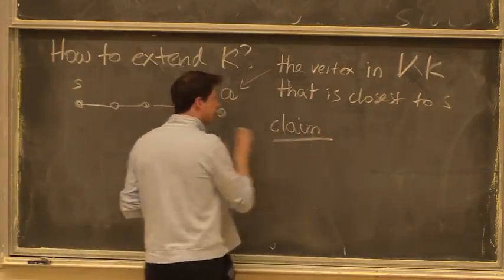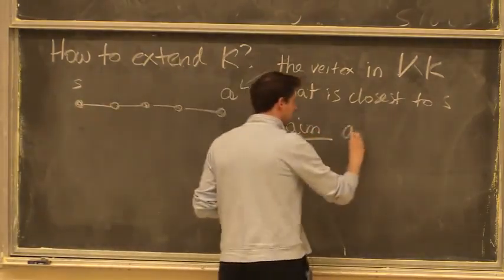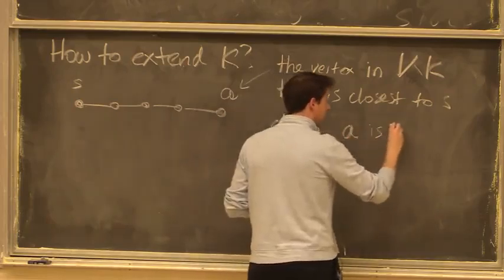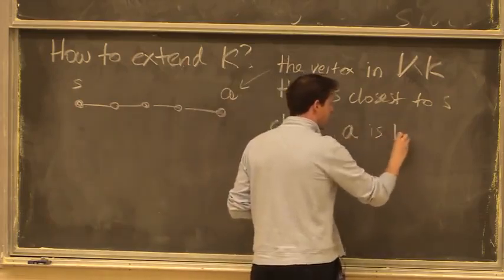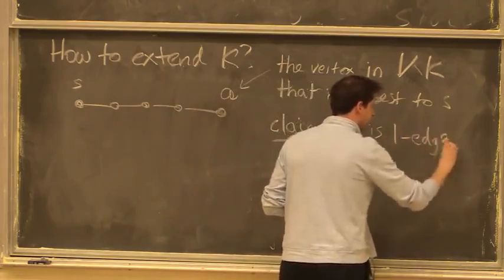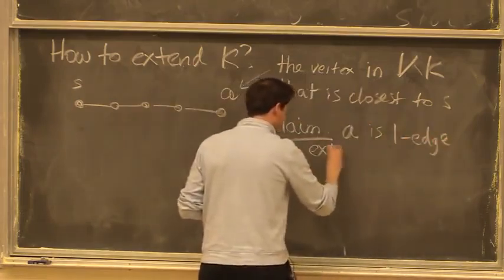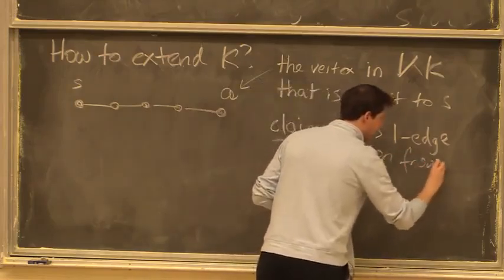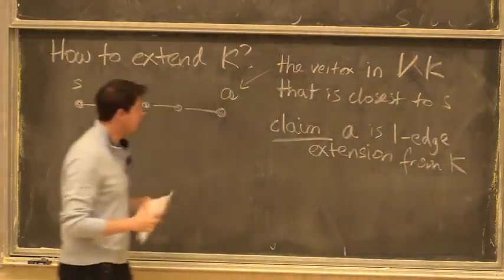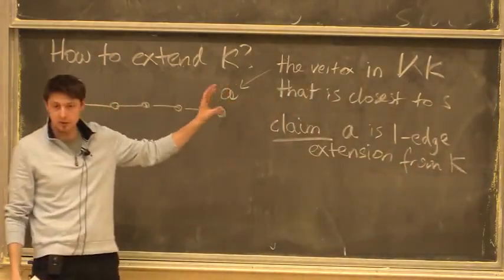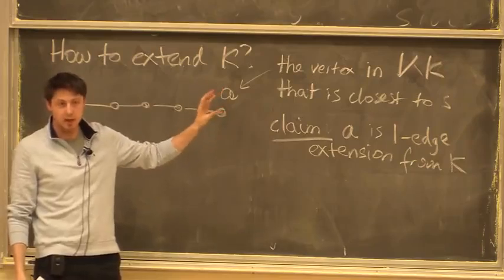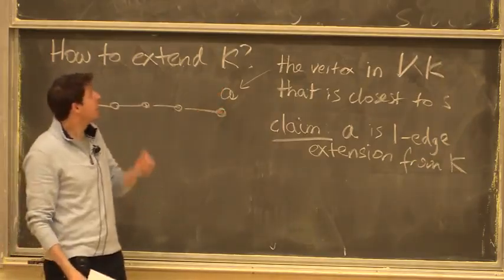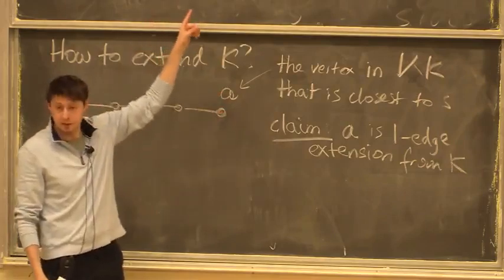So now I want to argue, claim: A is a one-edge extension from K. We define A to be the closest to S outside of K, and now we want to claim that it must be one out of those up there.